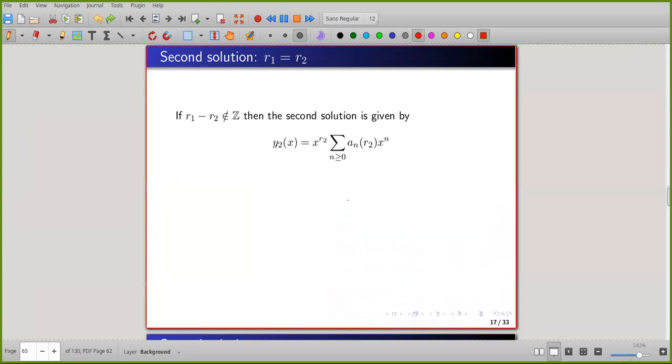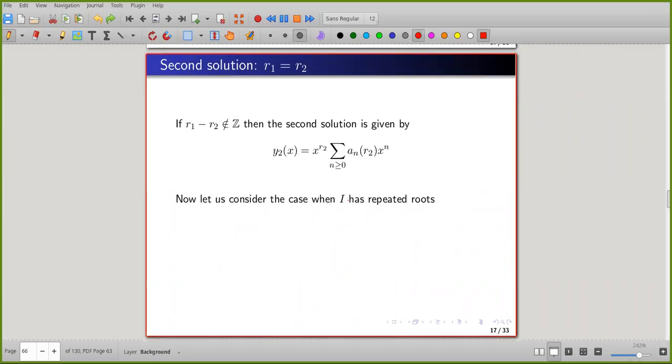We did much of this last time, except that last time we just directly plugged in values r1 and r2 and we did not bother to analyze the A_n(r)'s as functions. But viewing the A_n(r)'s as functions has an advantage, and that is what we will see in today's class.